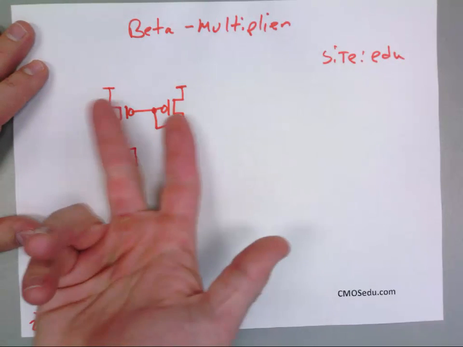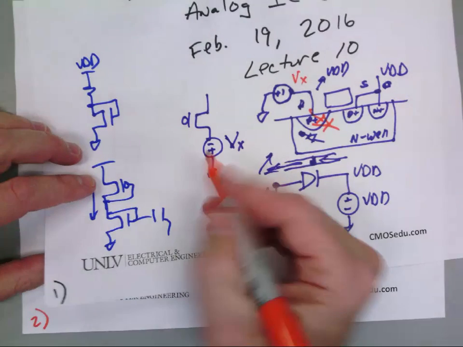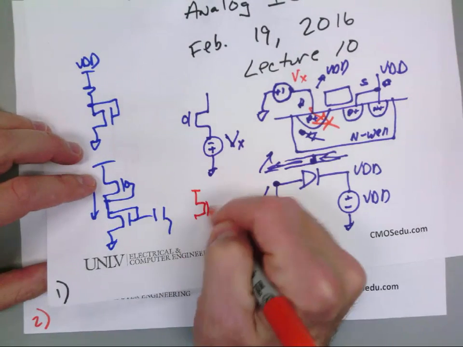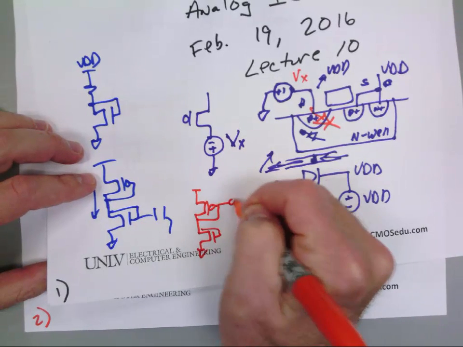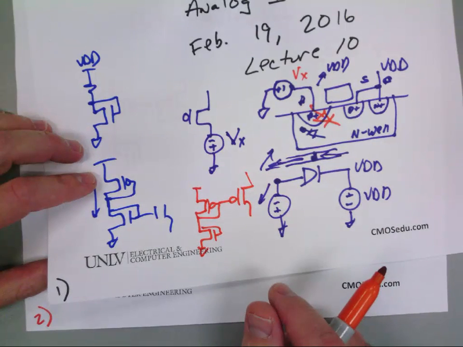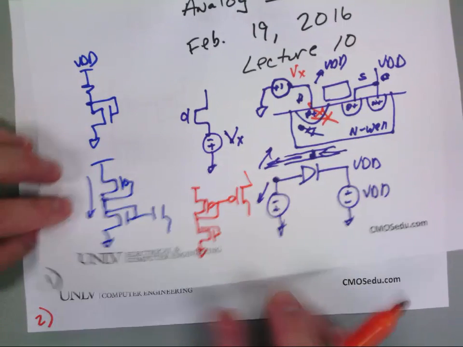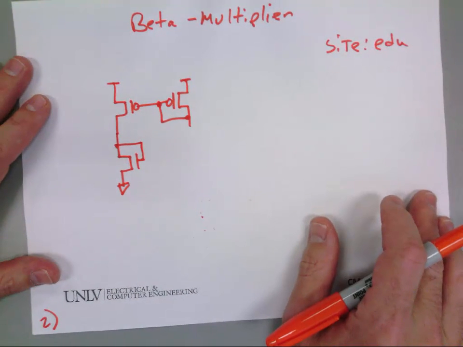What's the problem if I do the following? If I go and I say, what's the problem if I do this? You're connecting the source of the PMOS to the gate of the NMOS.